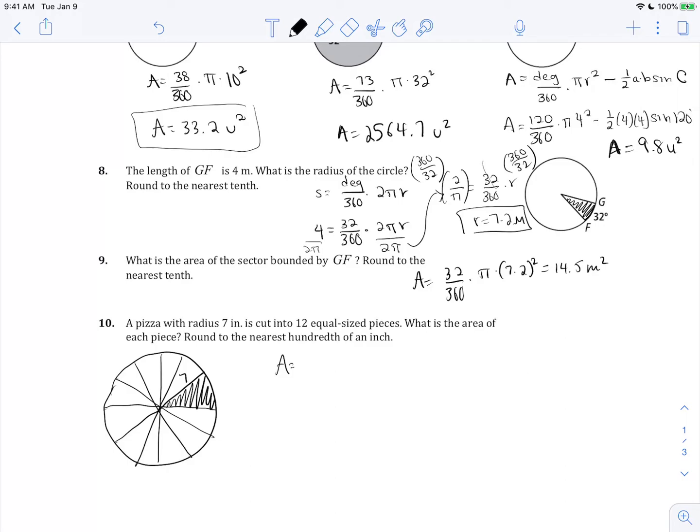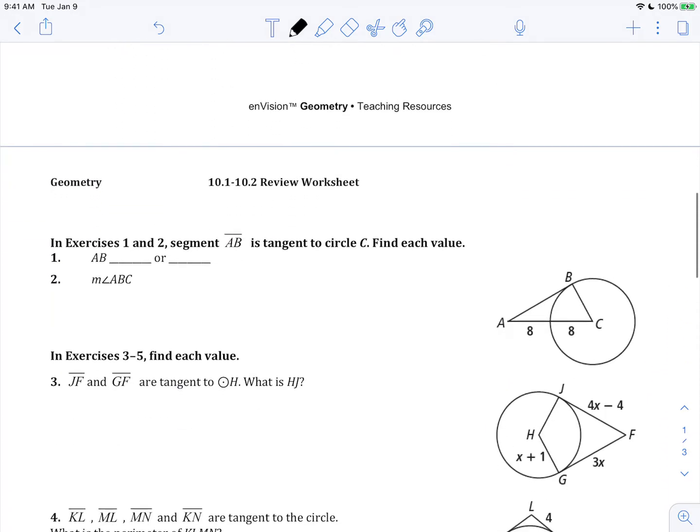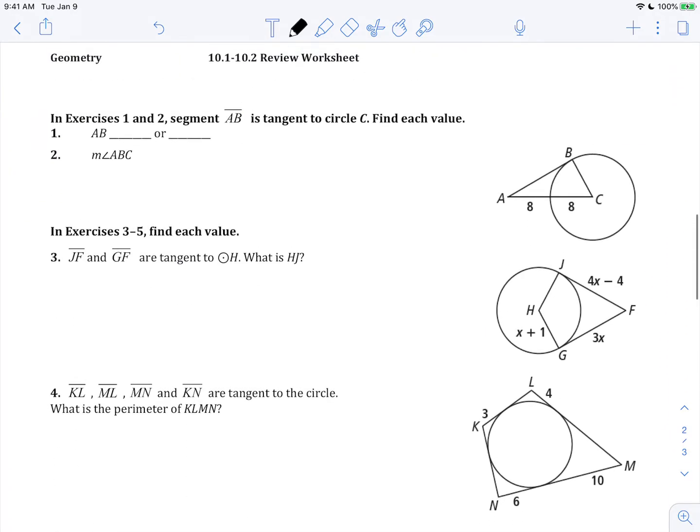So I can do 360 divided by 12, which is 30. 30 over 360 is the same as 1/12. Okay, pi times 7 squared. Plug that in my calculator, I get 12.83 inches squared. Cool. All right, next one.